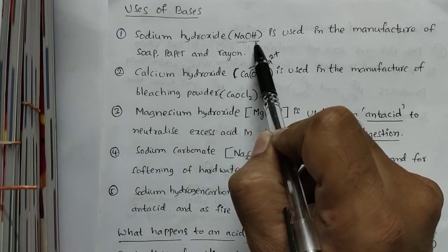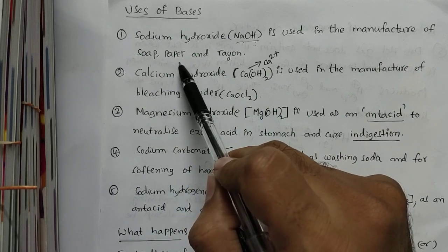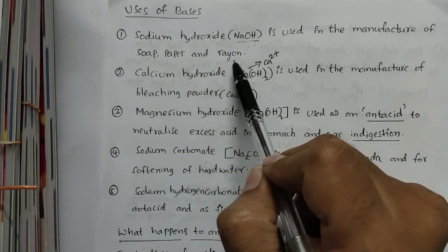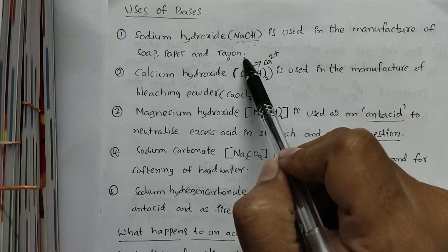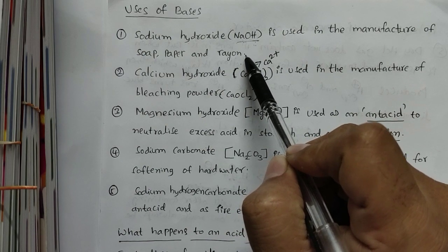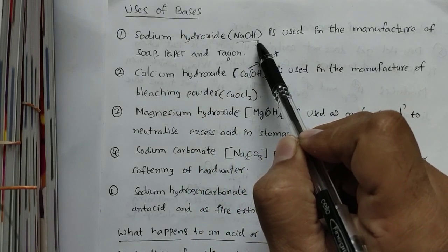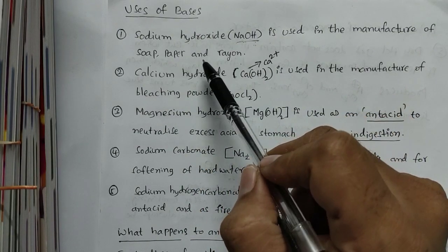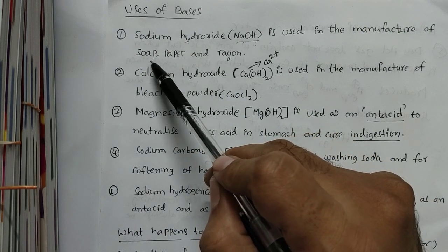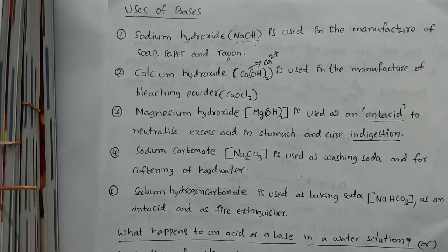Sodium hydroxide, NaOH, is used in the manufacturing of soap, paper, and artificial textile, rayon, artificial silk. So sodium hydroxide is a very important chemical.